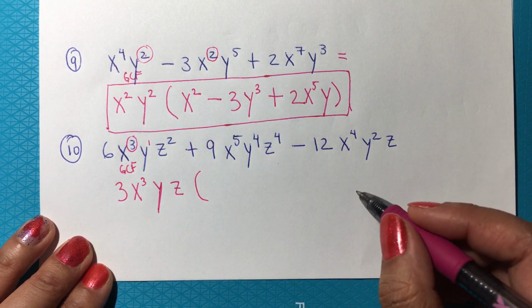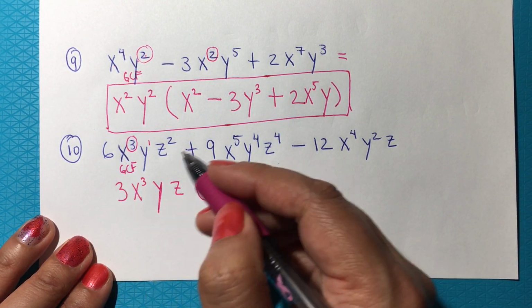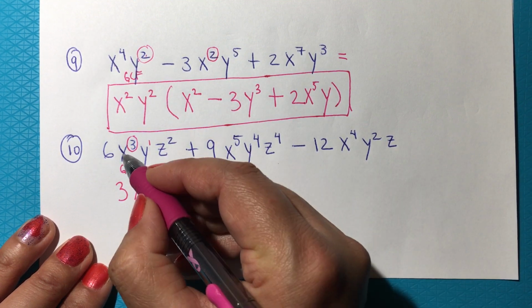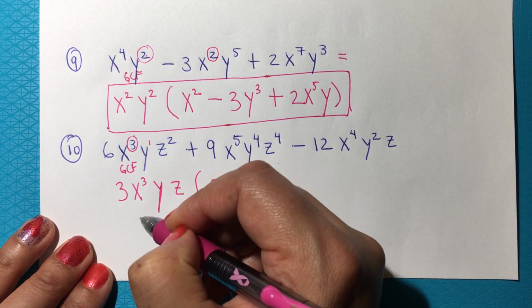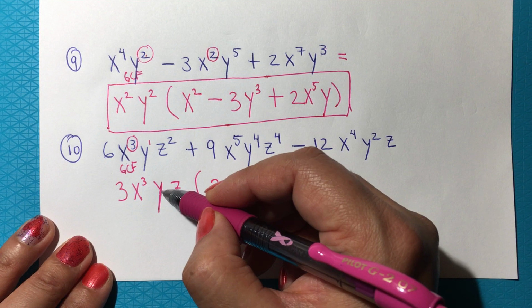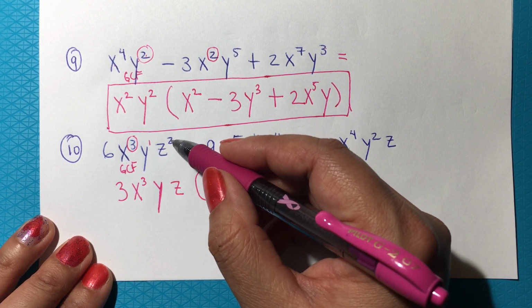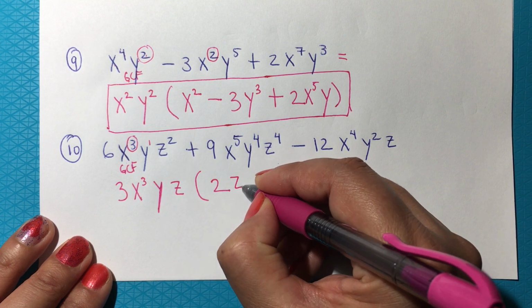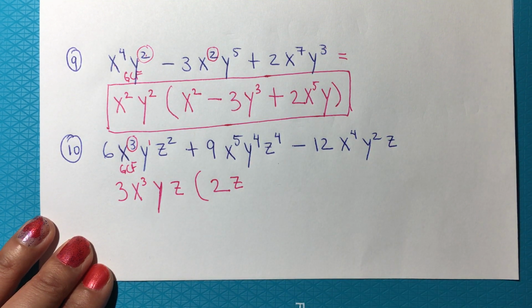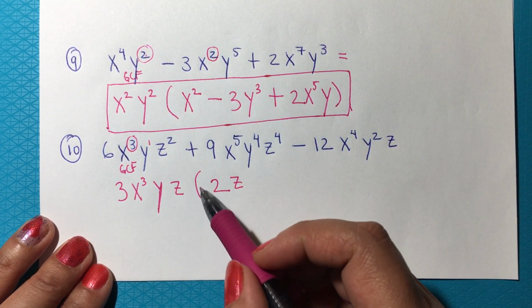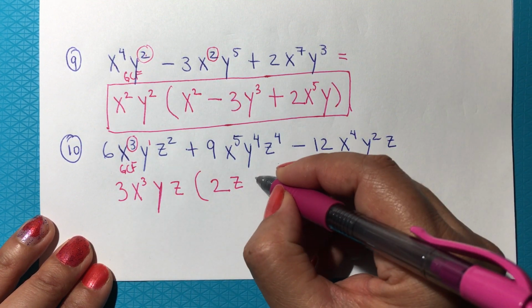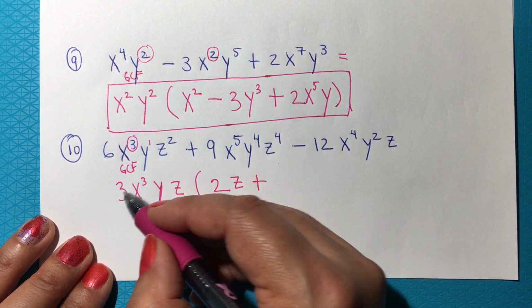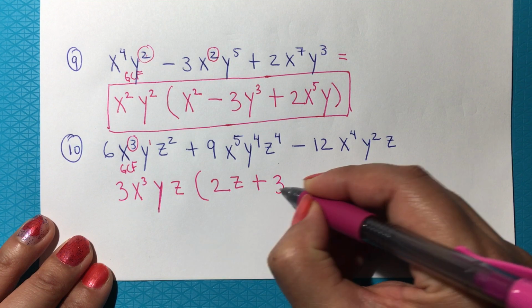And we start dividing. 6 divided by 3 is 2. X cubed divided by x cubed, they cancel. Y divided by y cancel. And z squared divided by z, it's 1 only, 1z. Then we go to the next term. Positive divided by positive is positive. 9 divided by 3 is 3.